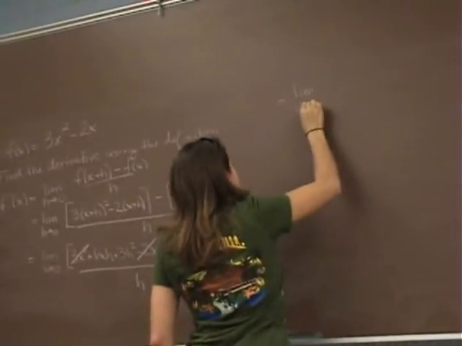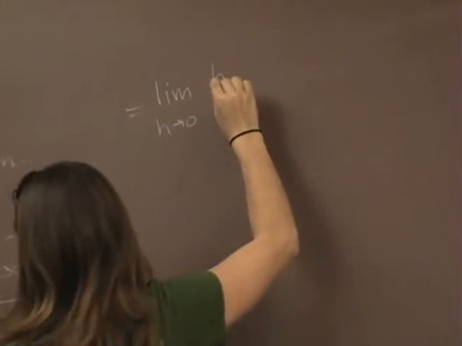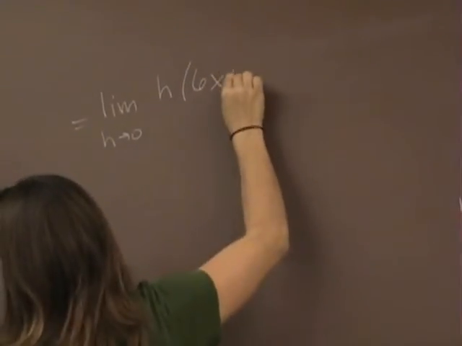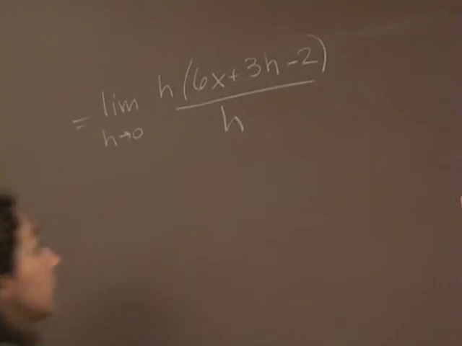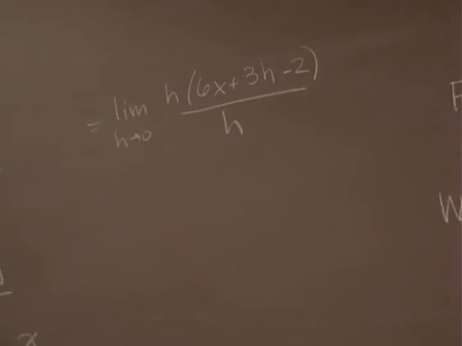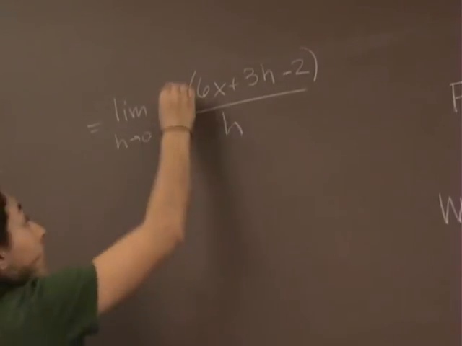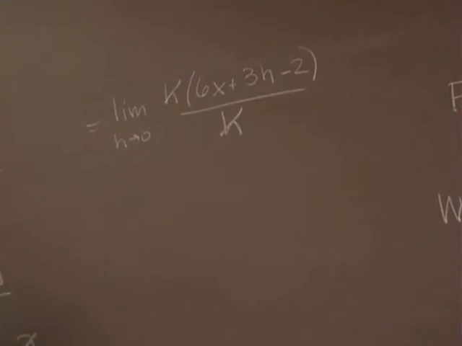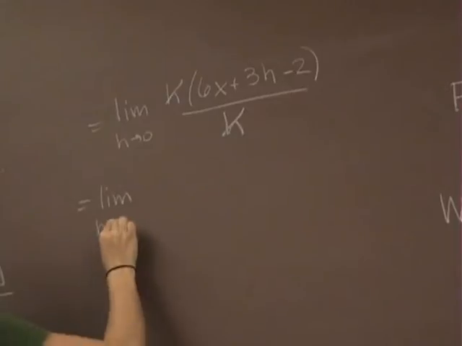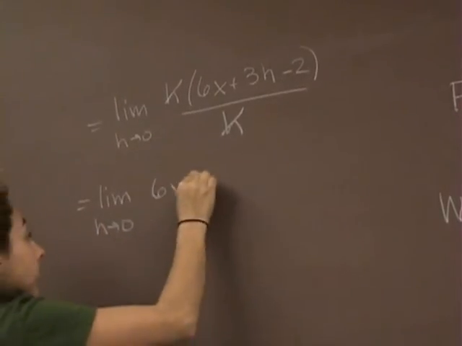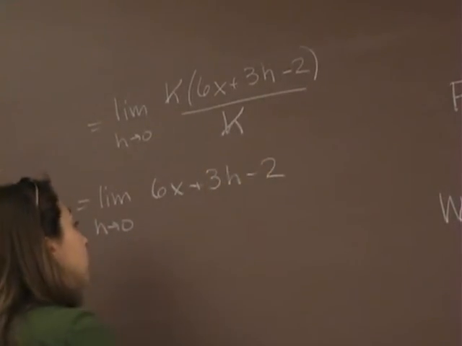This is the limit as h goes to 0 of h times 6x plus 3h minus 2, all over h. Now this h and that h cancel. So what I'm looking for is the limit as h goes to 0 of 6x plus 3h minus 2.